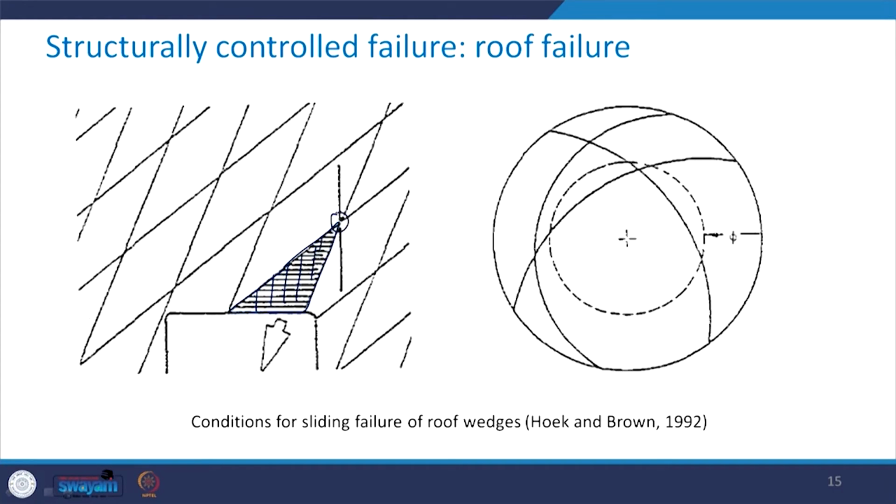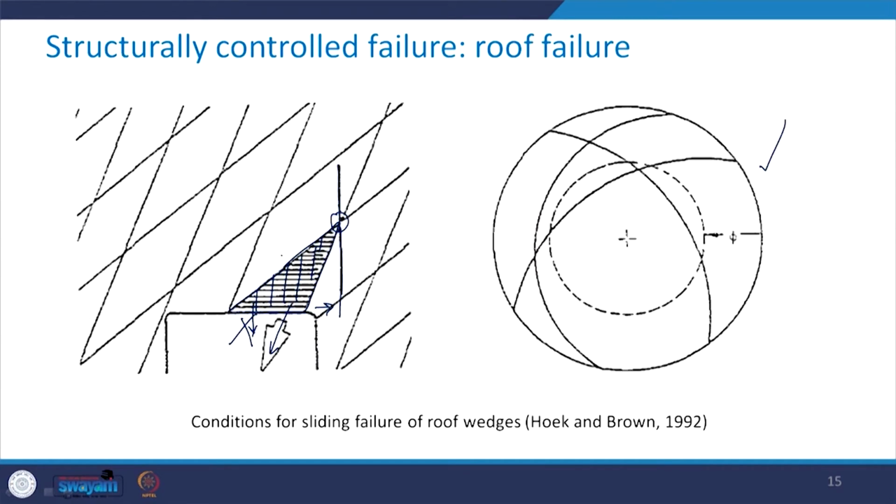This is the apex and this is the vertical line through the apex. Now, you see that it is falling outside the base of the wedge. So, it will not fall like this, but it will slide. This has been shown in the stereographic projection in this particular manner.